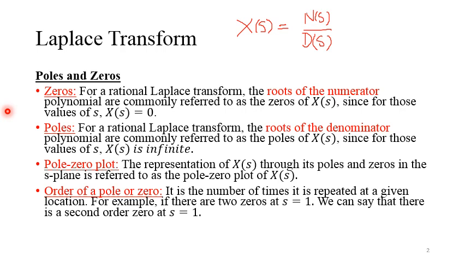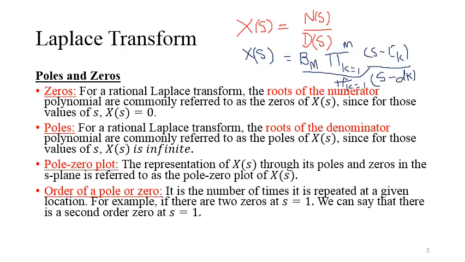The generalized form is: we have b_m, the scaling factor, and then the product, k running from 1 up to M, of (s minus c_k). This is the numerator polynomial. We can also write a similar expression for the denominator, with k running from 1 up to N, taking the product of (s minus d_k).